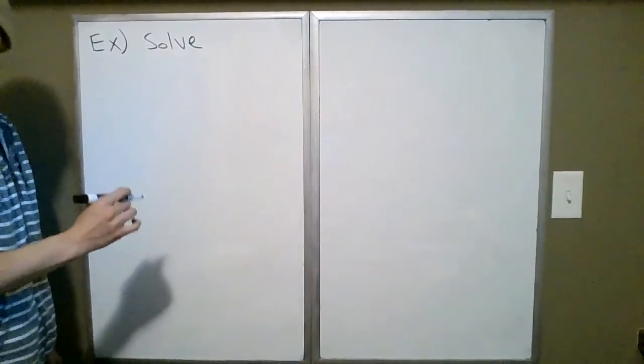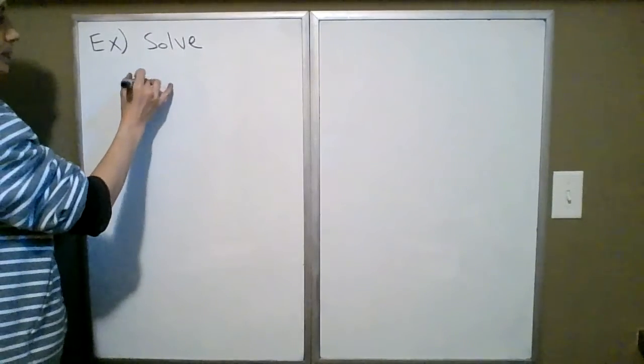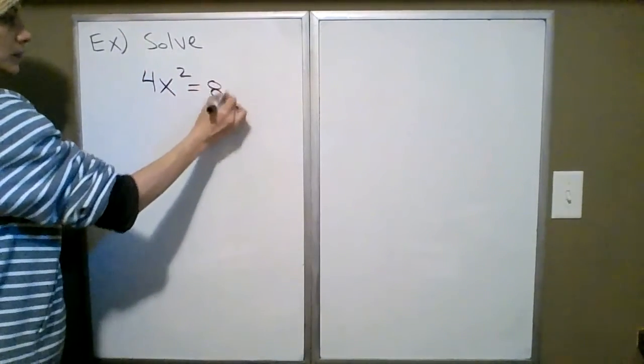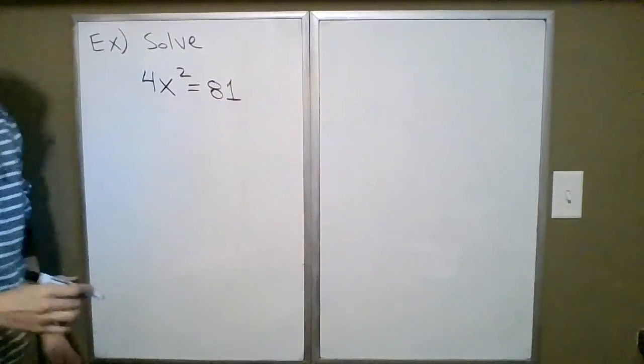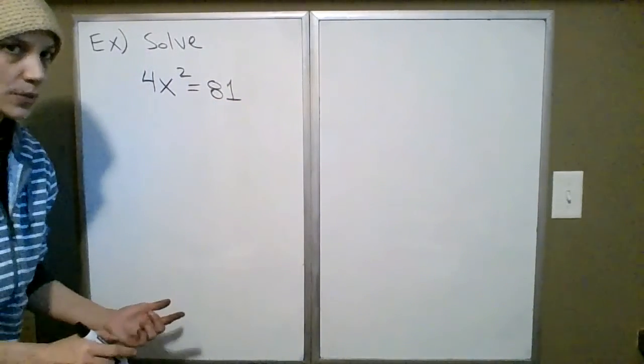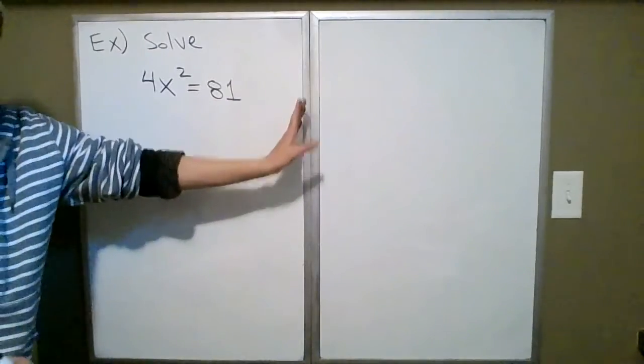We want 4x squared equal to 81. Okay, the first thing you need to use is the property, which I'm just going to put on the side.